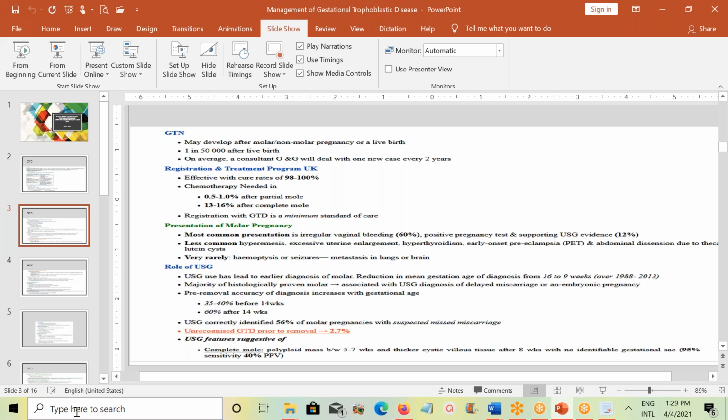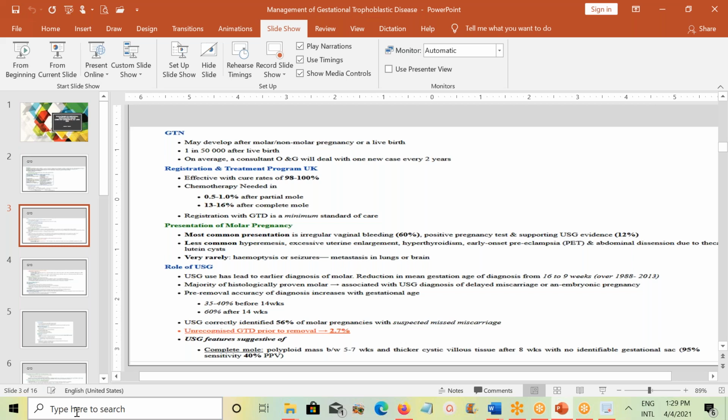So the ultrasound features suggestive of a complete molar pregnancy show a polypoid mass between 5 to 7 weeks, and there will be thicker cystic villous tissue after 8 weeks and no identifiable gestational sac.